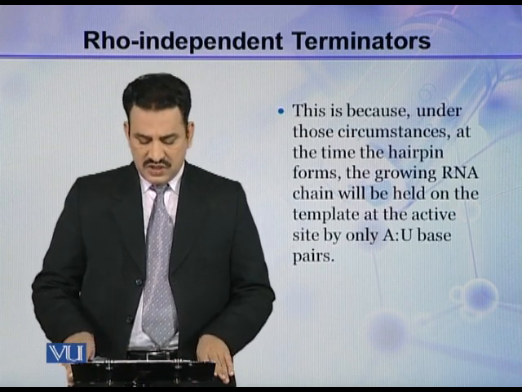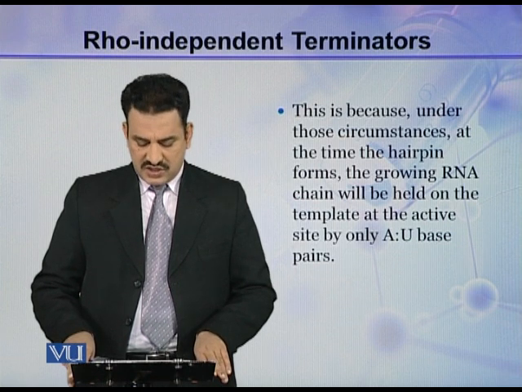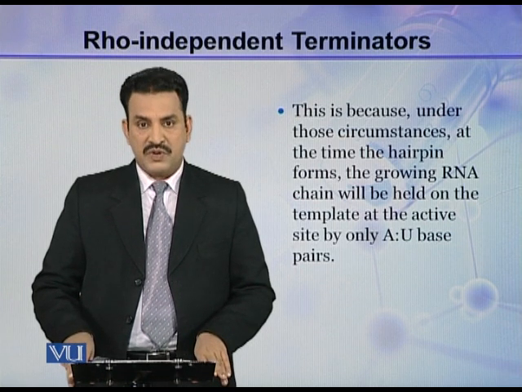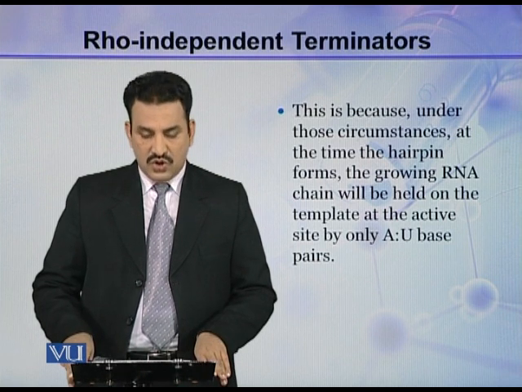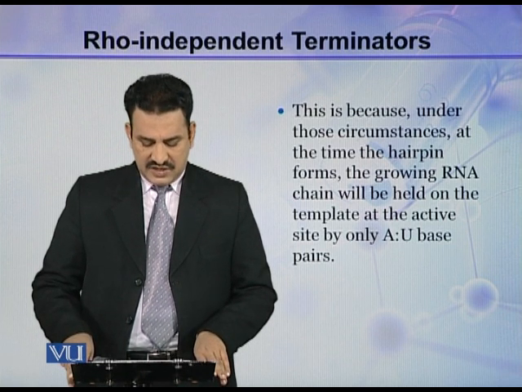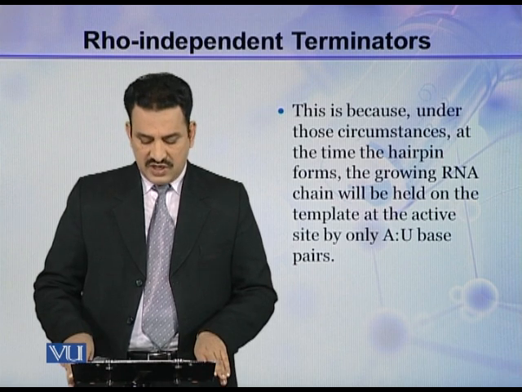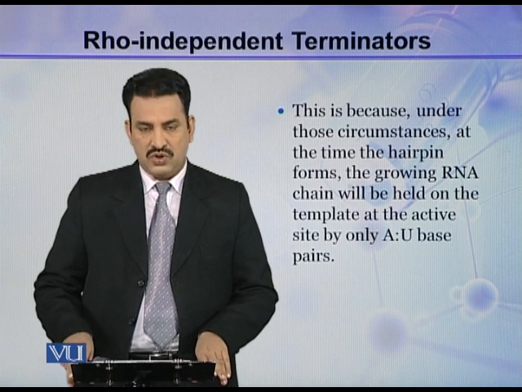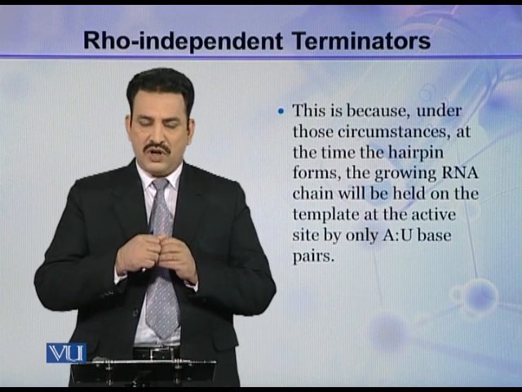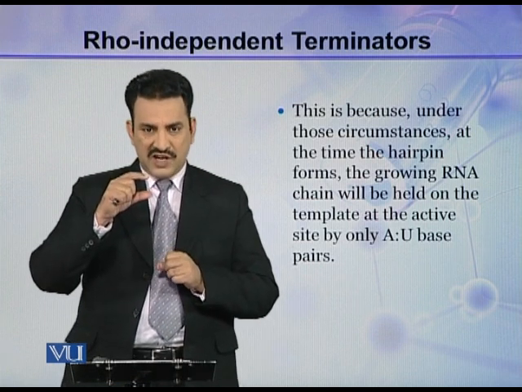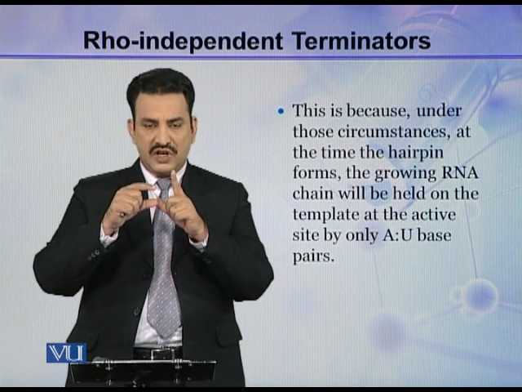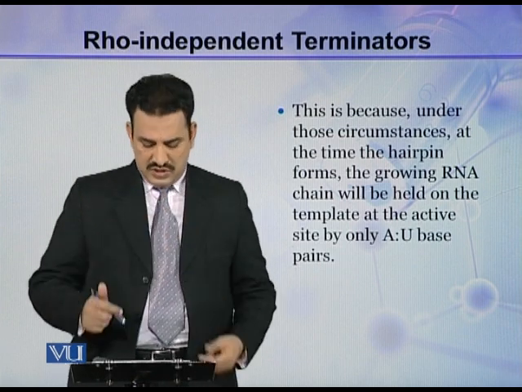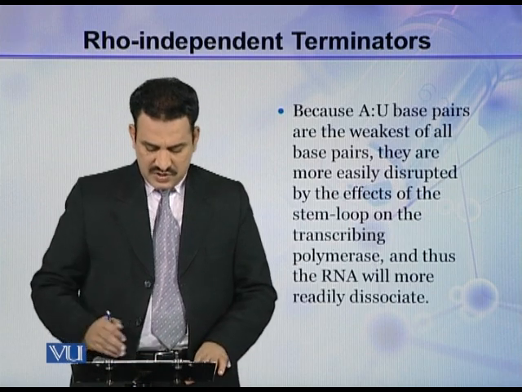This is because under those circumstances, at the time the hairpin forms, the growing RNA chain will be held on the template at the active site by only AU base pairs. So when a loop is formed, this RNA transcript will be attached to the DNA template only through these AU base pairs.